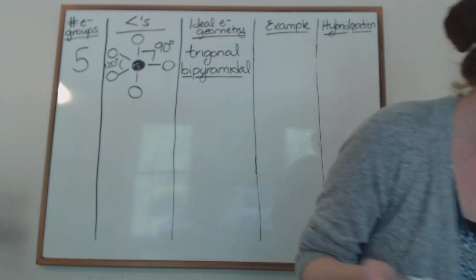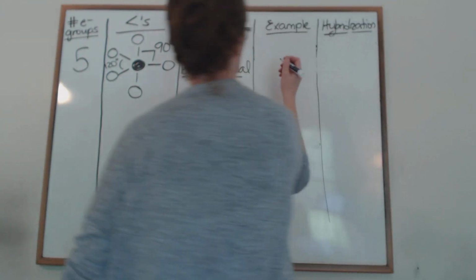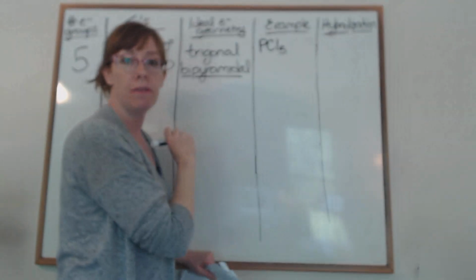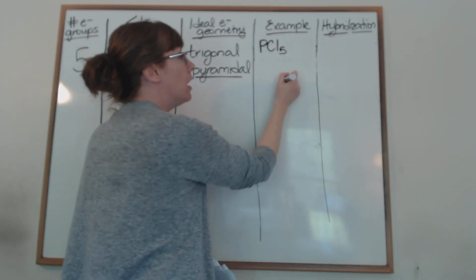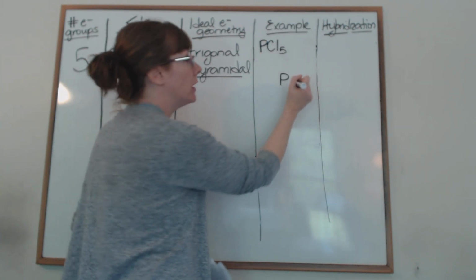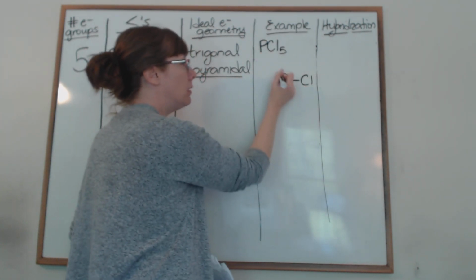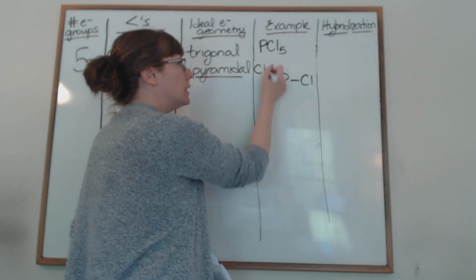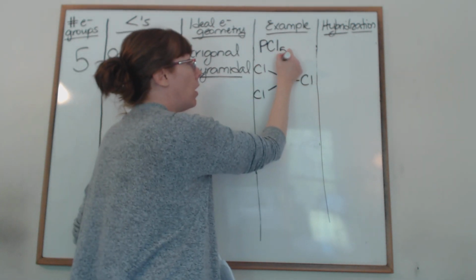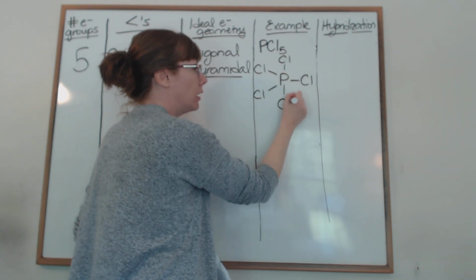The example that I'm going to give you is PCl5. I'm just going to go straight to the VSEPR model here. The phosphorus is the central atom, and you've got 5 chlorines. One will be in this position, one in this position, one in this position. One will go up and one will go down.